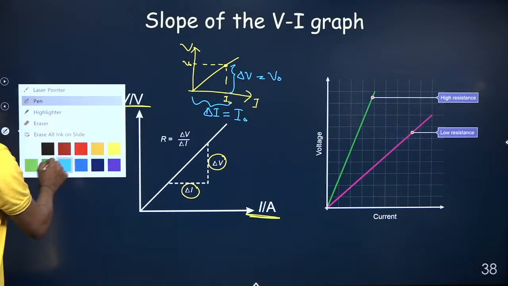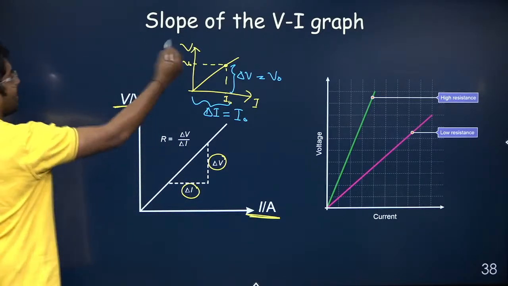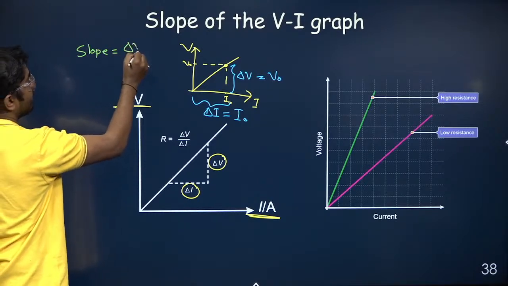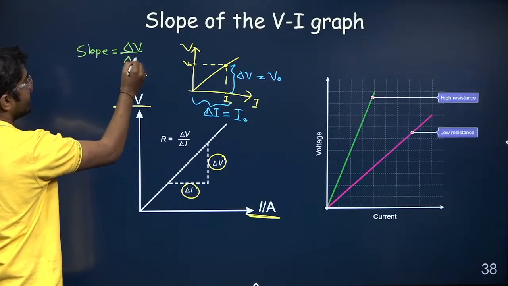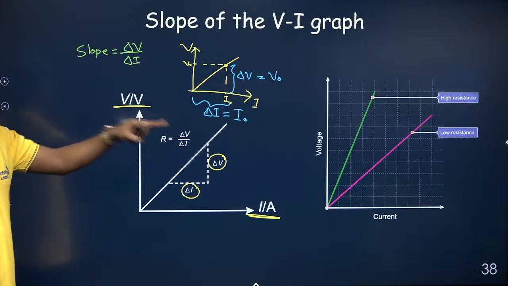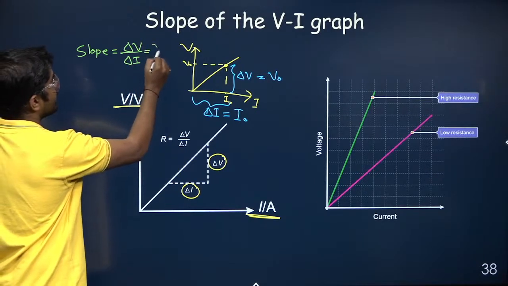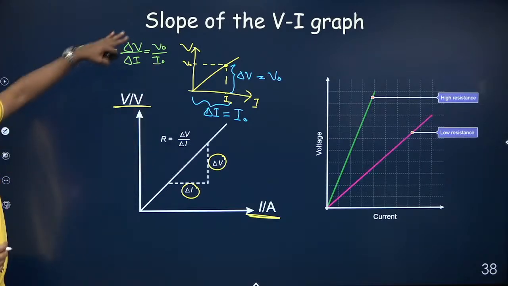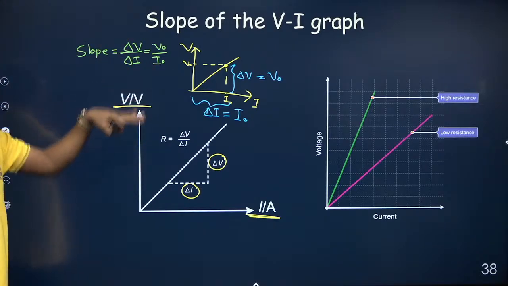So now how will you write the slope for this graph? So slope would be change in the y coordinate divided by change in the x coordinate, that is V0 divided by I0. And what is V divided by I? It is our resistance.